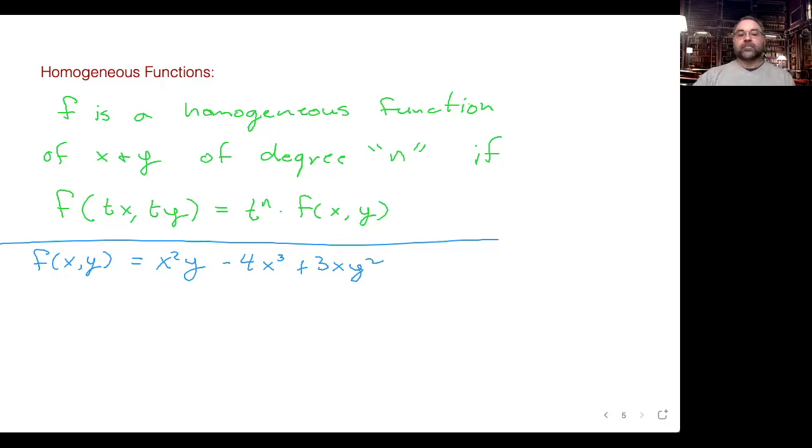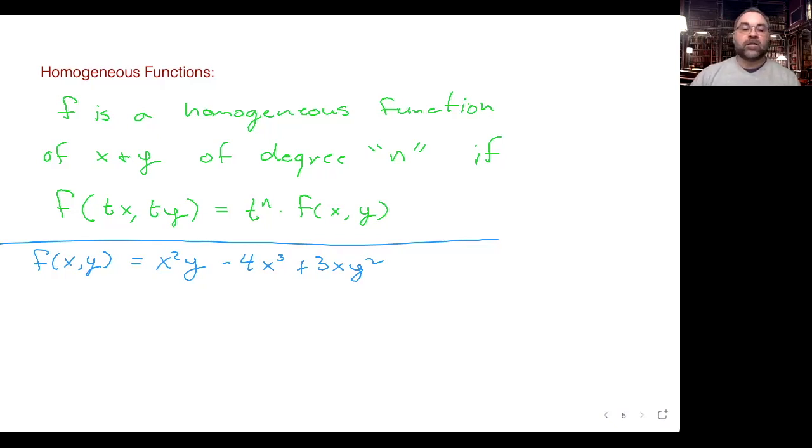My directions might say, is f of x, y a homogeneous function? Or if it is, what is the degree of the homogeneous function f of x, y? Whatever, the idea is the same.